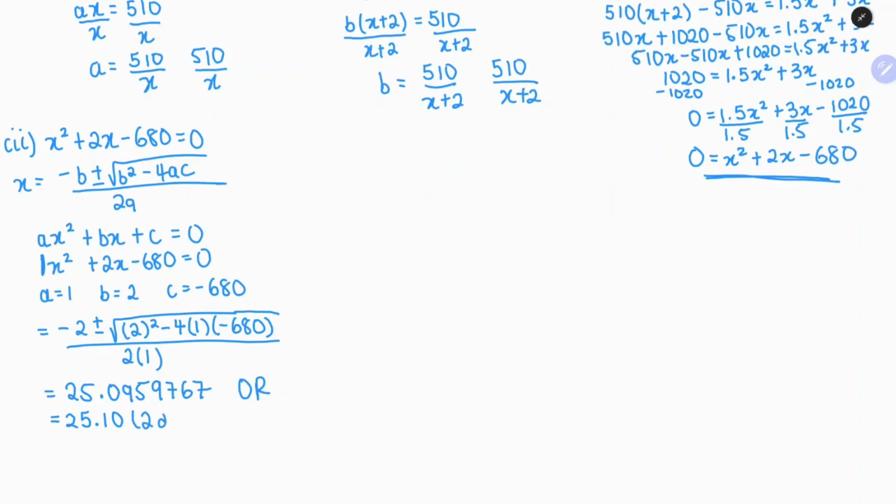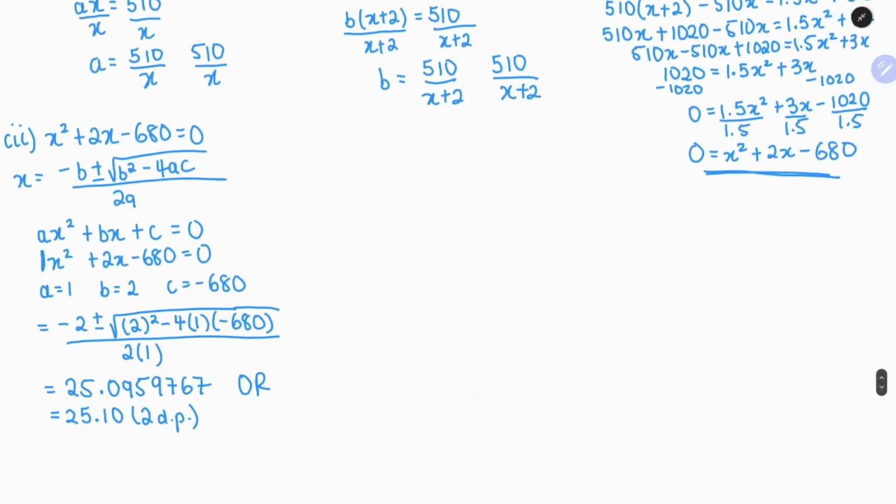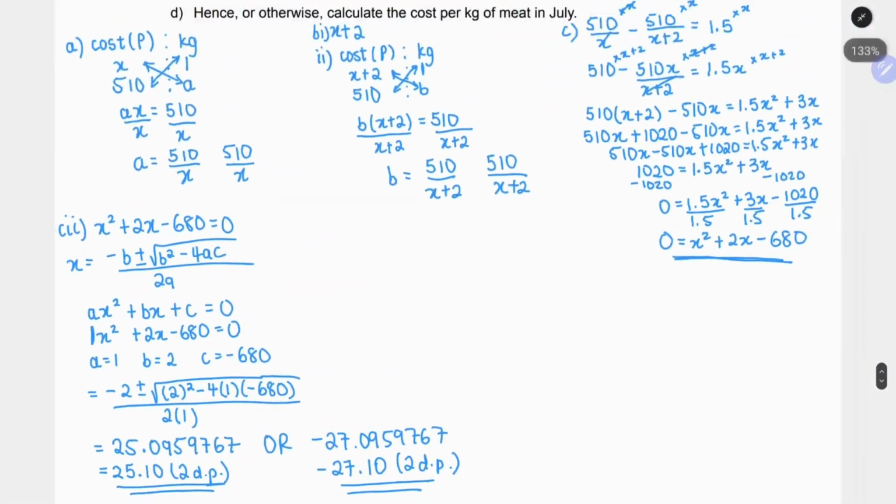That's to 2 decimal places. And then if we put the minus, we're going to get negative 27.0959767. So in 2 decimal places, it's going to be negative 27.10. So those are the answers right there.